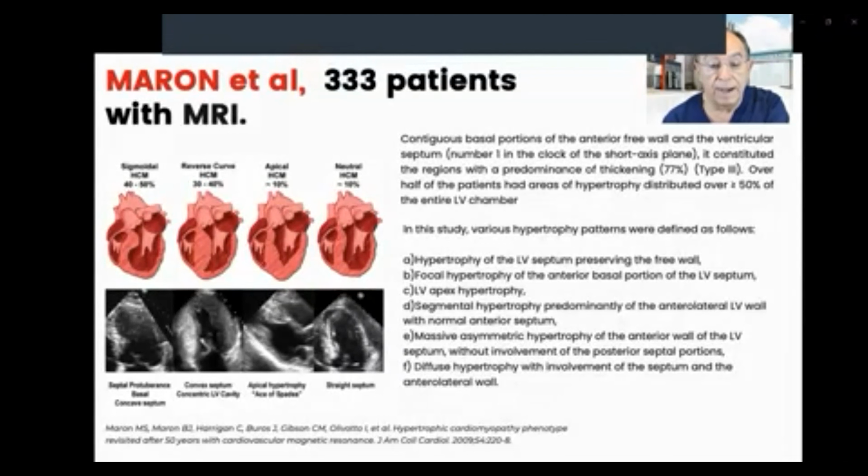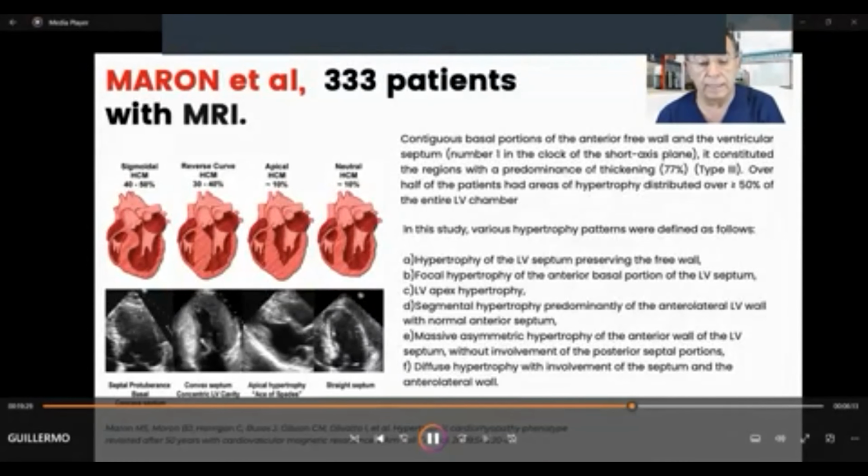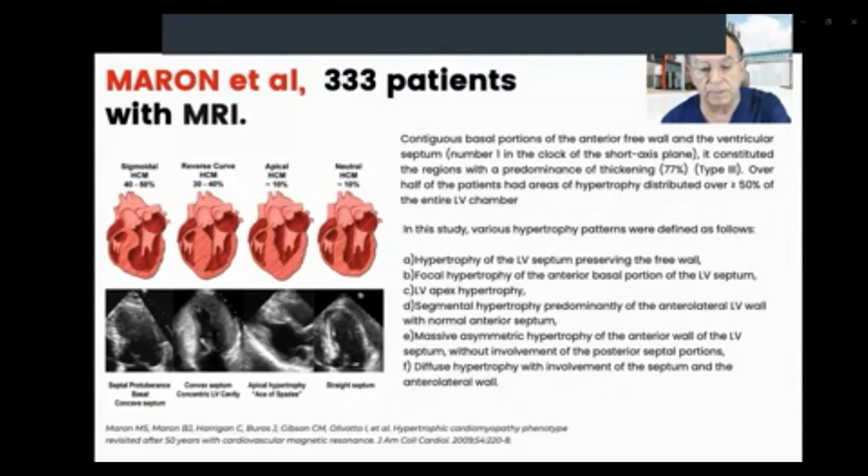So in 2009, Maron made a new process to evaluate the morphologic characteristics of patients with hypertrophic myocardiopathy, and they performed MRI in 333 patients to understand what happened in the global segments of the left ventricle.